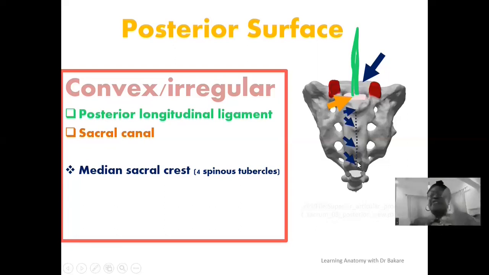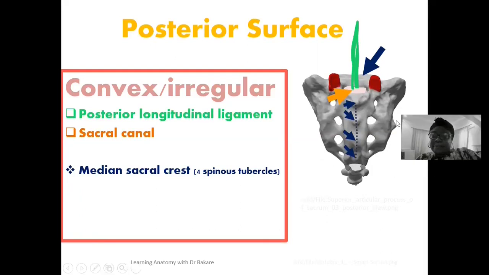Because they are fused together at this point, there is a fusion or a union at this region, and this is what creates the median sacral crest. The fifth spinous tubercle is not formed at this point because of the non-union of the lamina of bone that is formed at the posterior part of the sacrum. This is what leads to the opening referred to as the sacral hiatus, which we would get to as we go through this lecture.